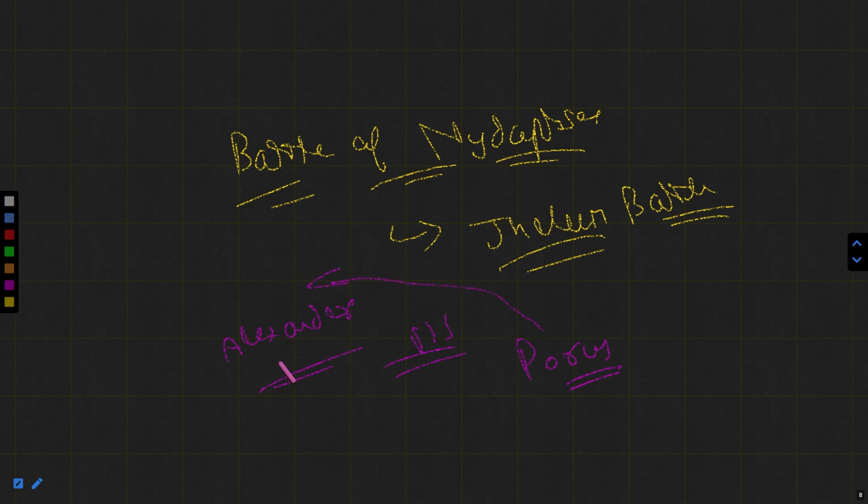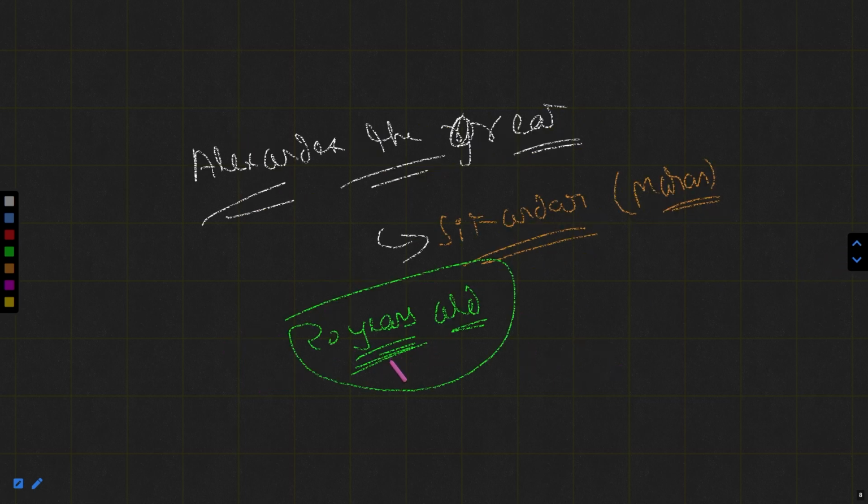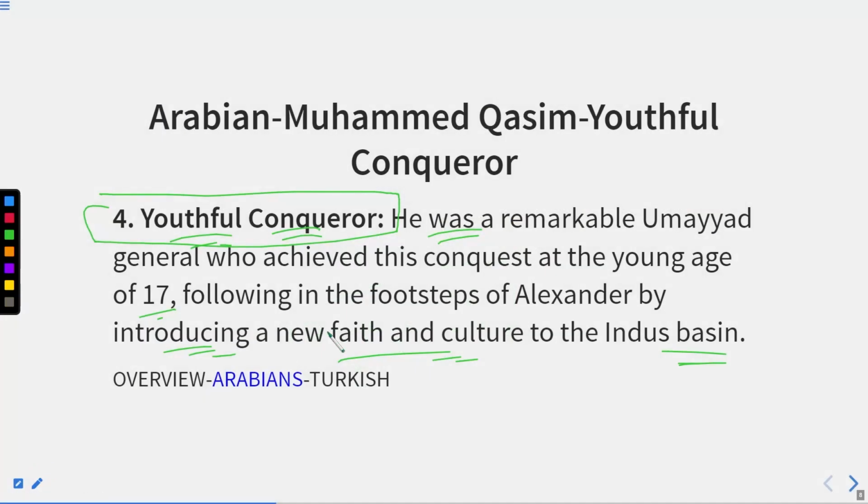So Alexander was only 20 years old when he launched this campaign, and thereafter they captured the Sindh. A similar thing happened with Muhammad bin Qasim. He was only 17 years old when he launched this campaign and captured the Sindh province. Okay, and this introduced a new faith and culture to the Indus Basin, similarly like the Greeks did. When Greeks captured the Sindh, they basically started influencing the pre-existing culture of Sindh with their Greek culture. Alright, so remember this point also. Now let's move forward.